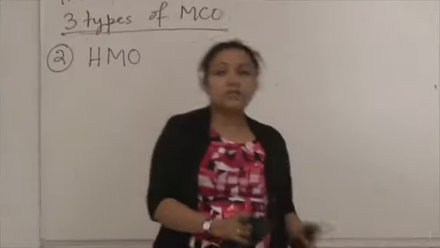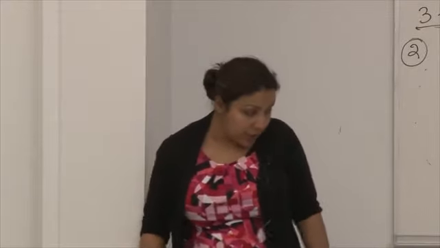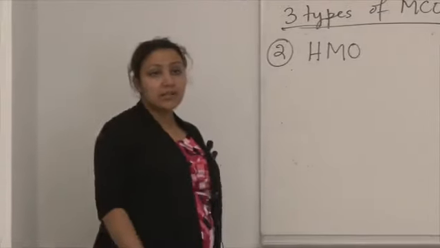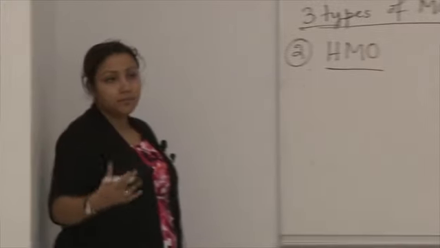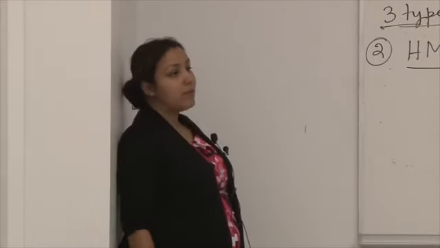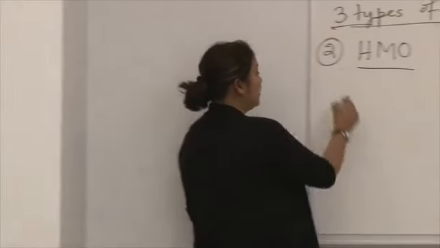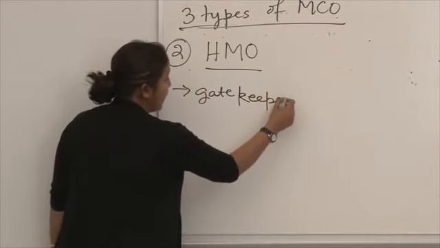Okay. So the second type is HMO, the Health Maintenance Organization. In case of the Health Maintenance Organization, once again, you have some integration between the healthcare providers and the health insurance companies, and the difference is that in addition to having a list of providers, people who are in network and out of network, you have gatekeeper physicians, who are basically the primary care physicians.